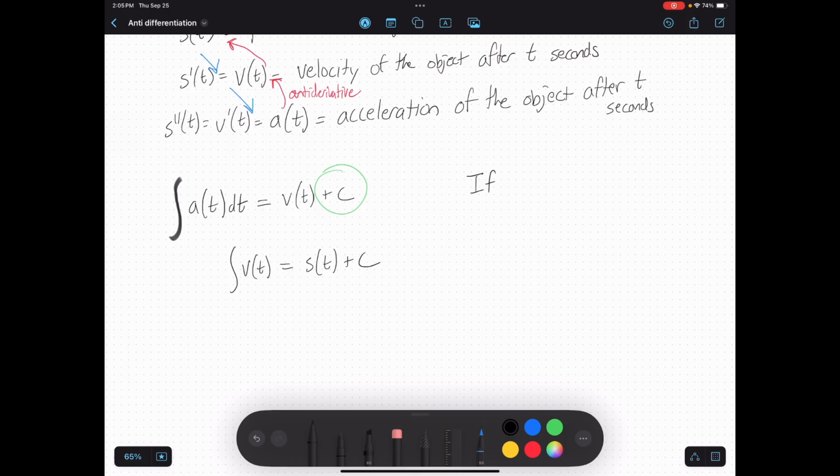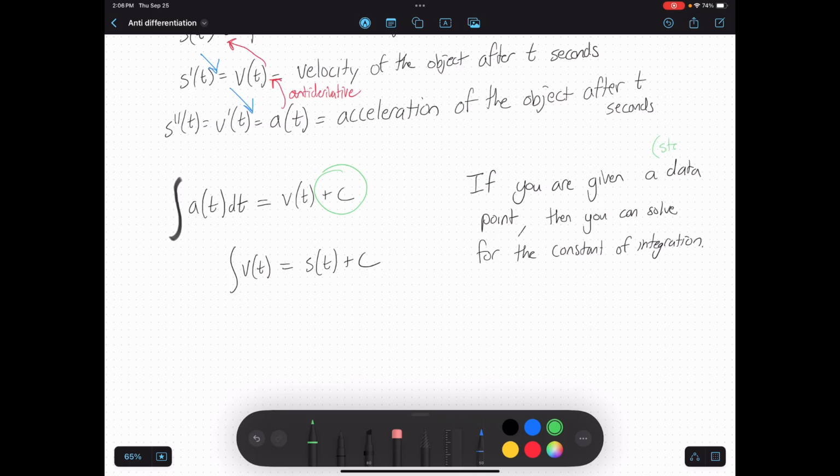So something to keep in mind is if you are given a data point, in addition to whatever function you're working with, then you can solve for the constant of integration. Meaning it's not just an arbitrary constant anymore, it has to be a specific constant that goes there. A lot of times this data point just is your starting point, and that would also count. If it gives you a place to start, then that counts as your constant of integration. And once again, I'll go through an example of that when we go through the examples video.